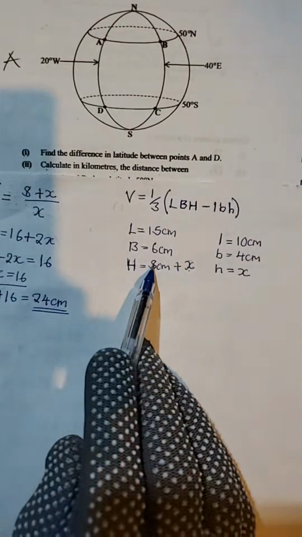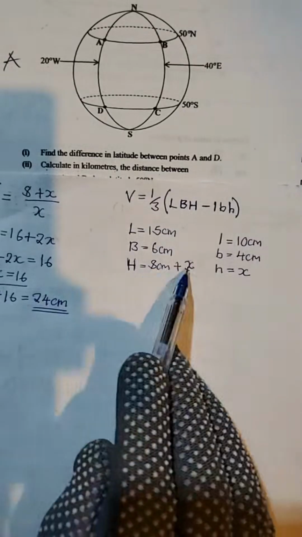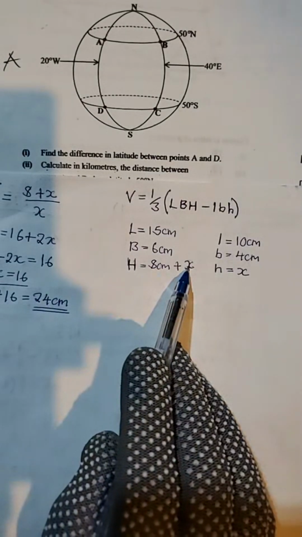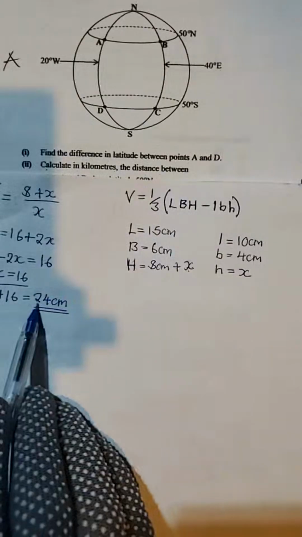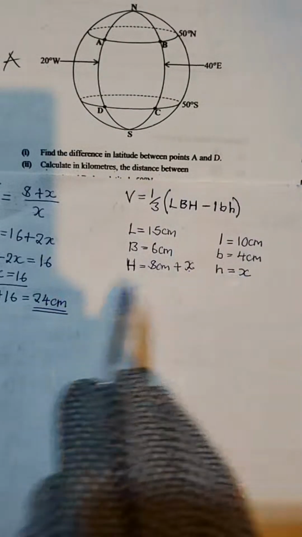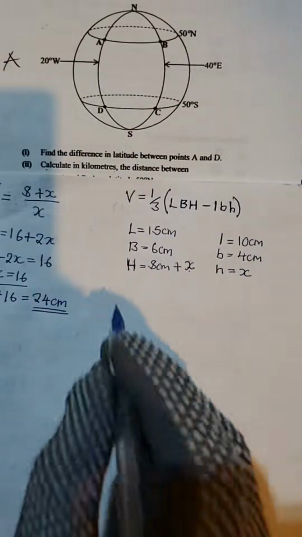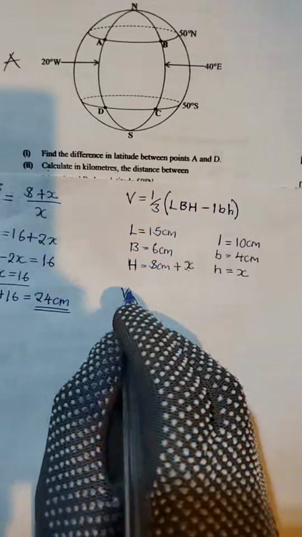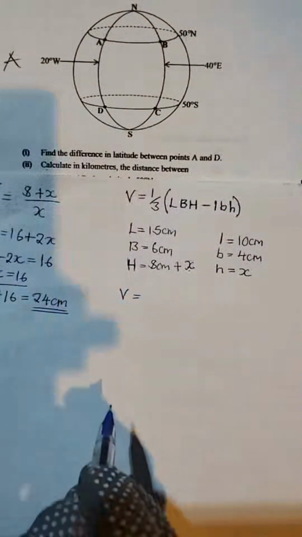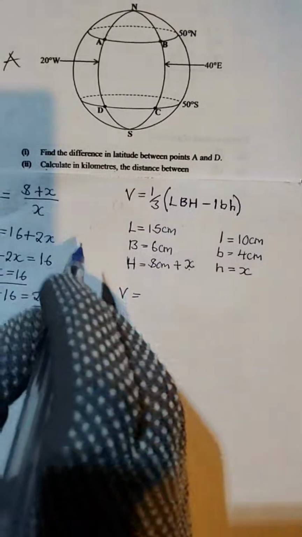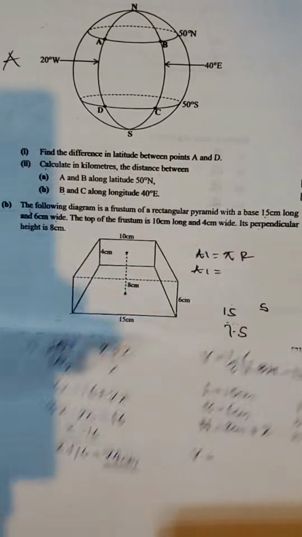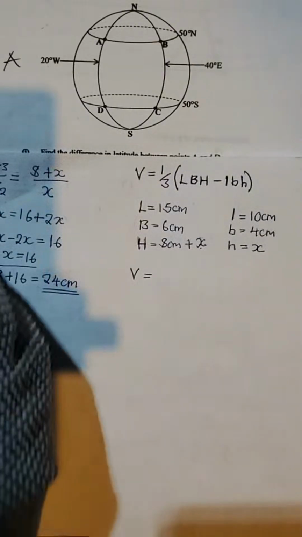So here it is 8 plus 16, which is 24. Here x is just 16. So let's substitute in the formula. This is question 1, this is question 2.